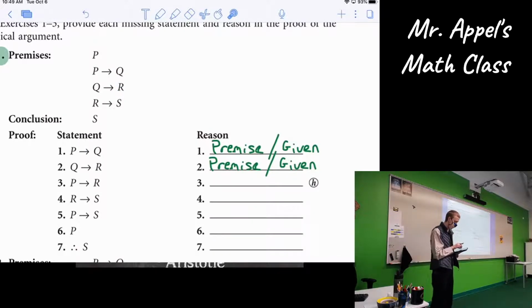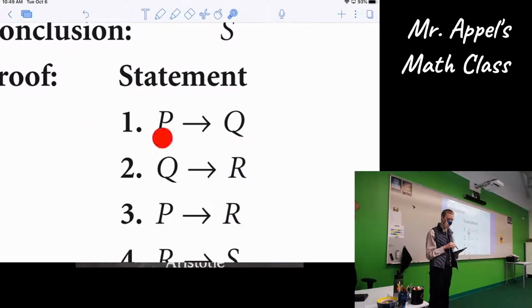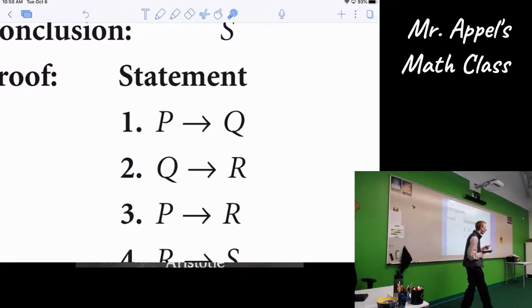So let's zoom in. Focus on just those 3. I already have if P then Q. I know if Q then R. Why can I say if P then R? Because what?